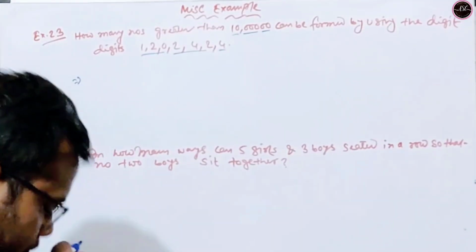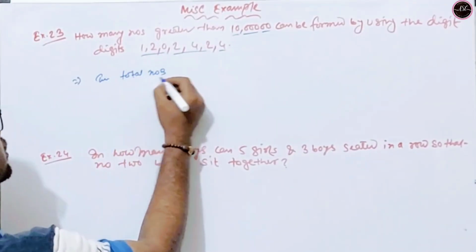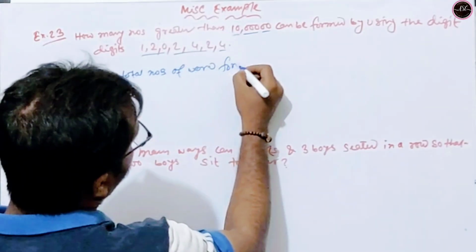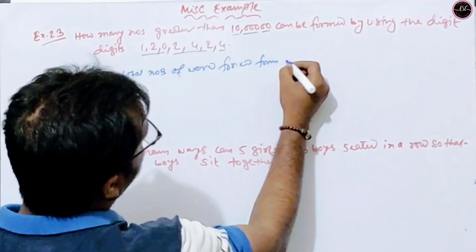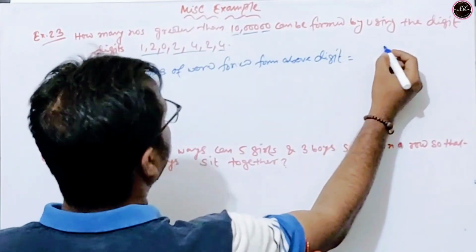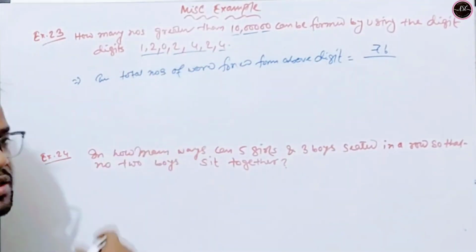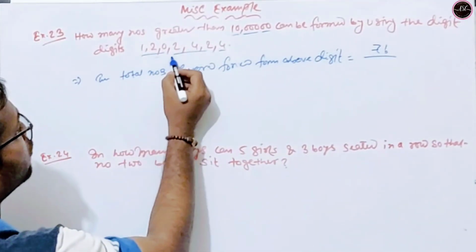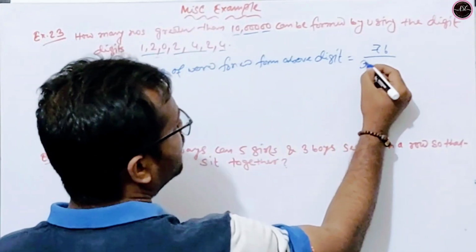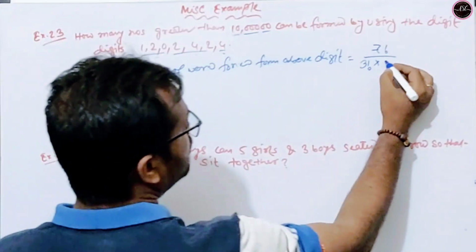Okay. So the total number of numbers formed from the above digits equals, here the total number of digits is 7, so 7 factorial divided by, here 2 is repeated 3 times, so divided by 3 factorial into, here 4 is repeated 2 times, just 2 factorial.